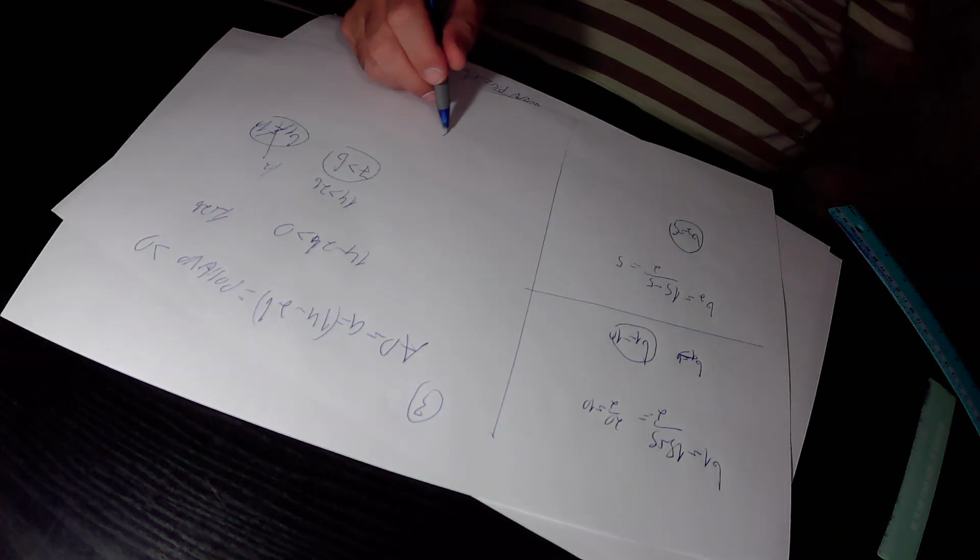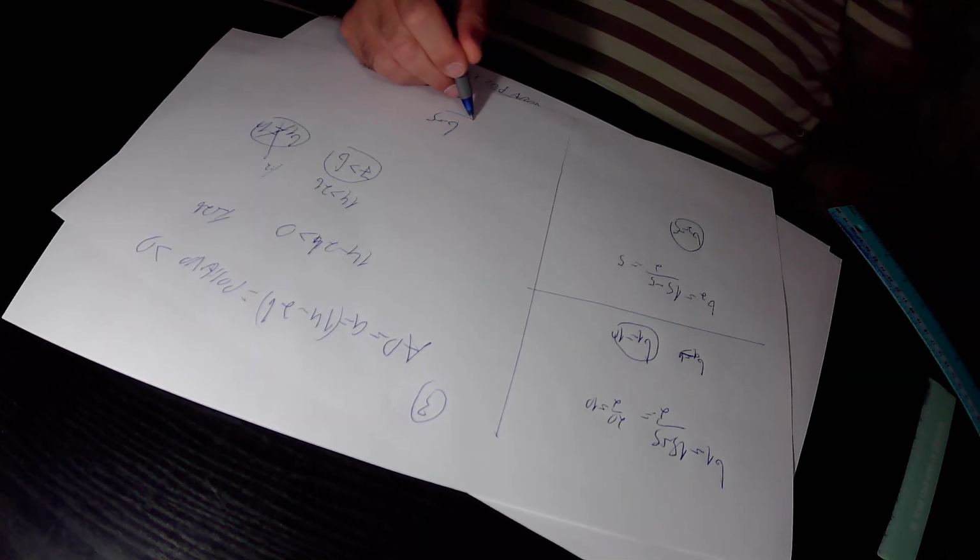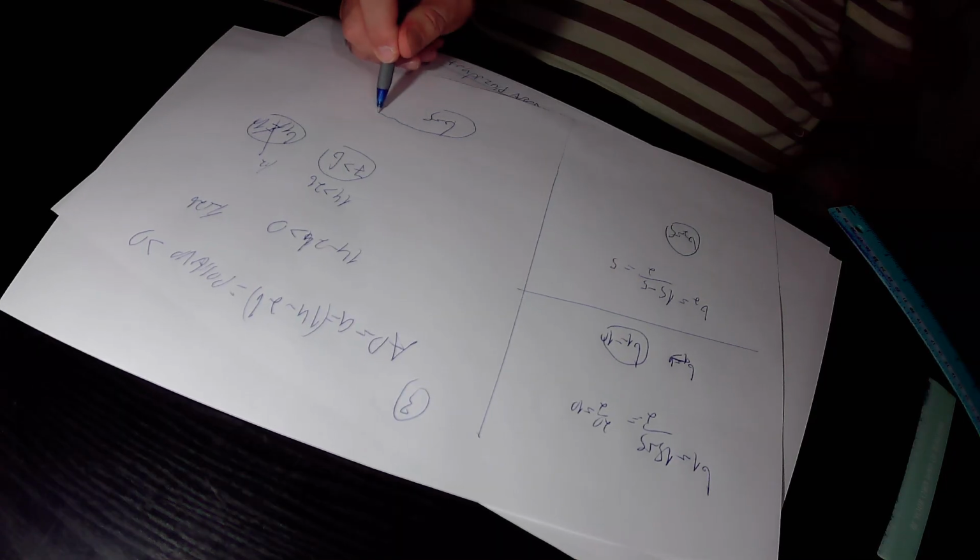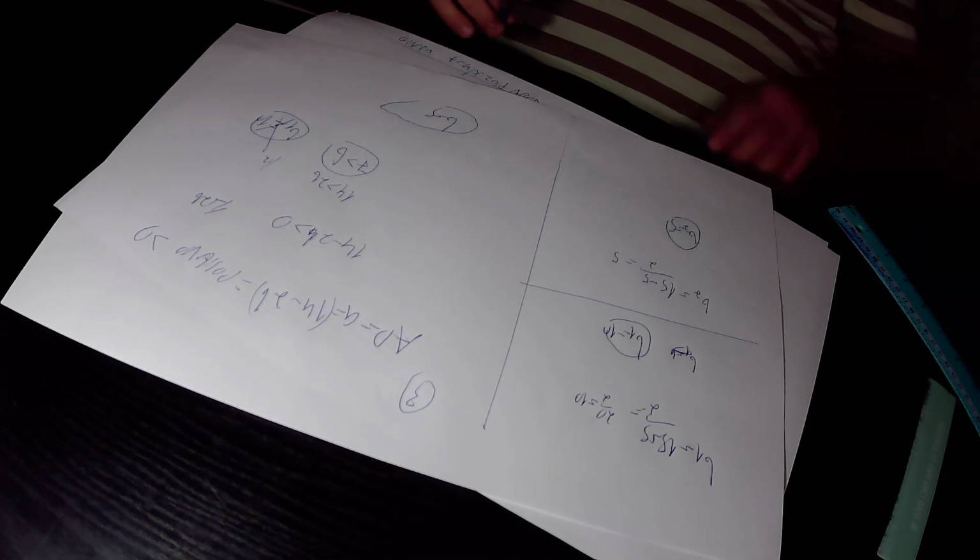Now we check the second possible solution for b, that is b equals 5. So we found out that b equals 5 units.